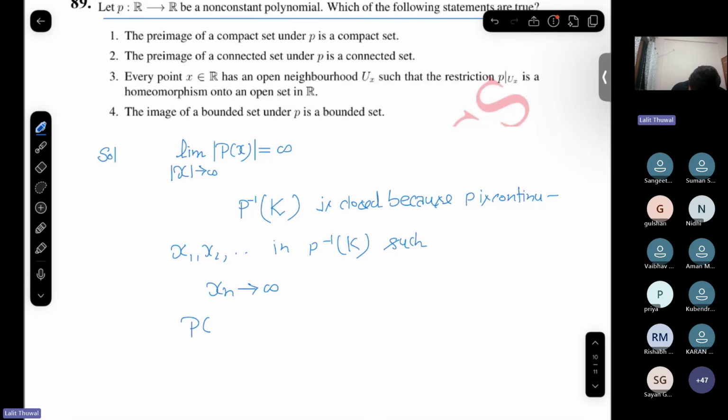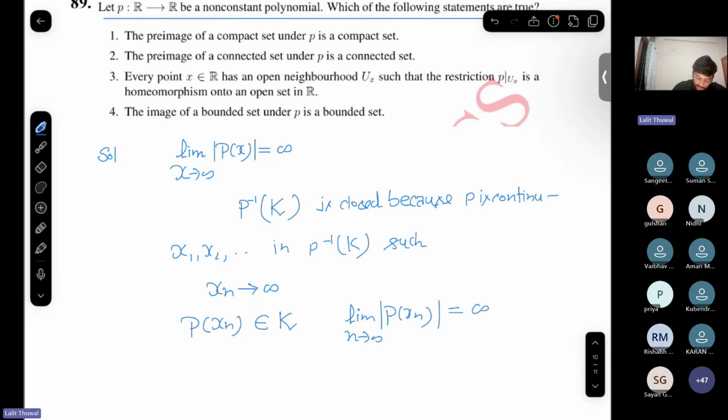Okay, that means that P of xn is in K, right? But as xn tends to infinity, mod P(xn) will be infinity, right?